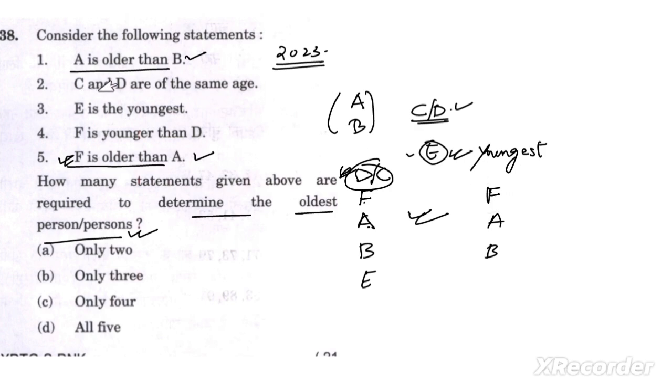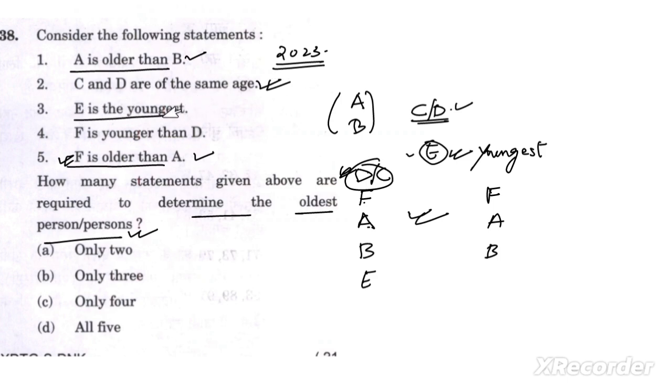Next one is C and D are of the same age. If you remove this one, we will not get the data of C. About C, it is not given in any other statement. So again this is a required statement. Now E is the youngest.